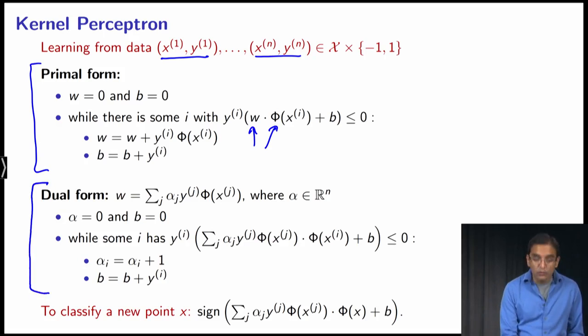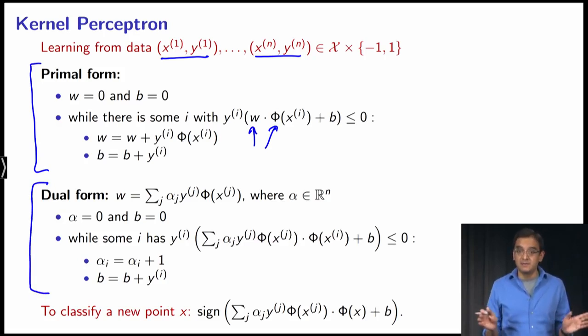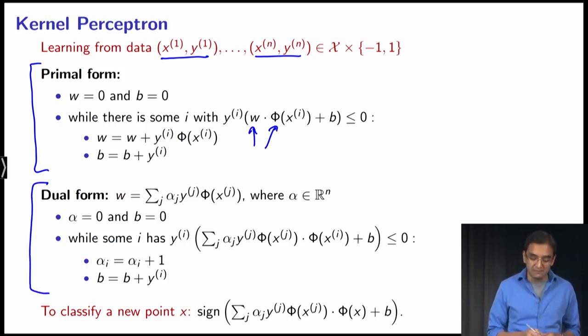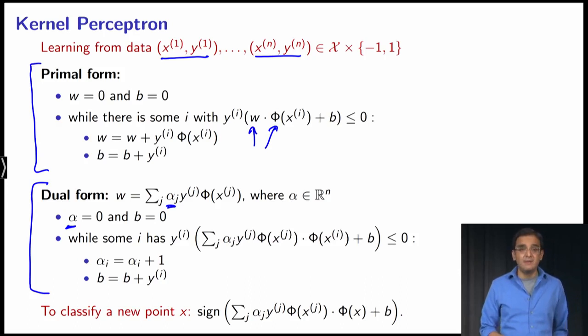Here, we avoid w altogether and work alternatively with the vector alpha, the vector of coefficients. The updates in this version of the algorithm are extremely simple. We start by setting alpha to 0 and the offset b to 0, and then we cycle through the data.